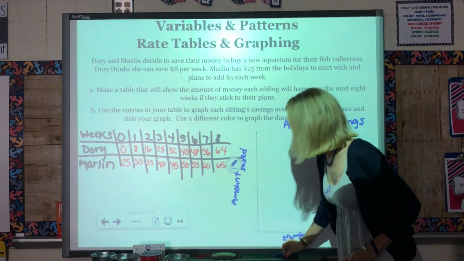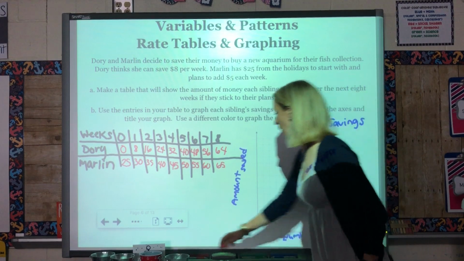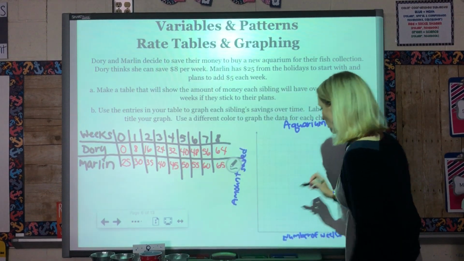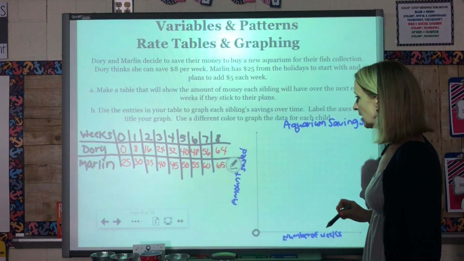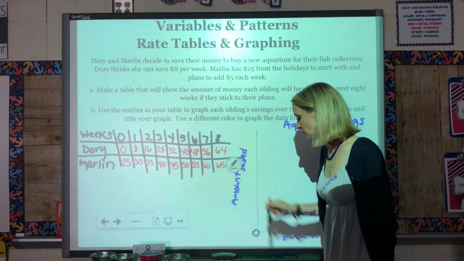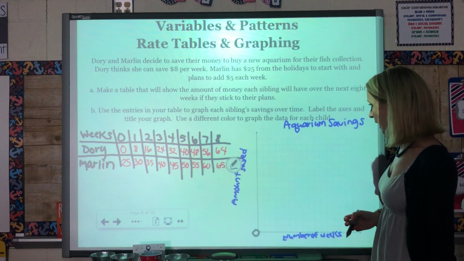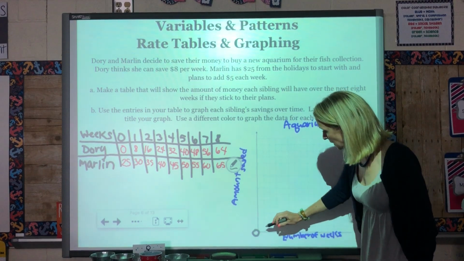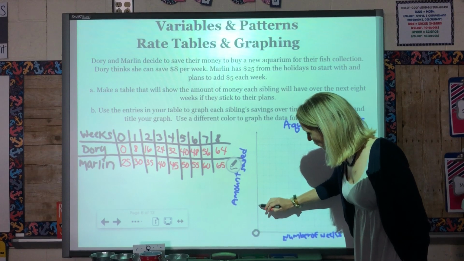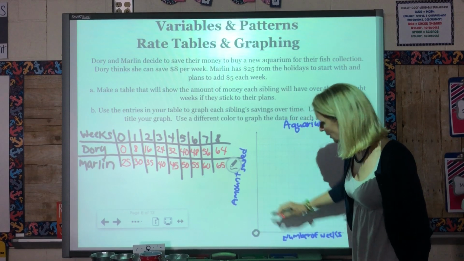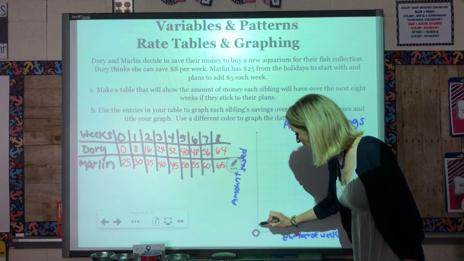All right, and now I need to come up with my scale. So I'm going to put my 0 down here, and I know that my amount saved, I need to get up to about $64, $65. So if I count by tens, I'm just going to test this out. 10, 20, 30, 40, 50, 60. I think I'm actually going to count by fives.